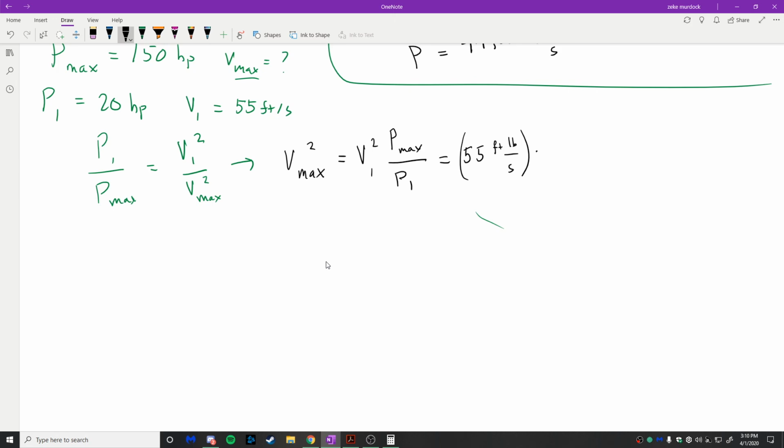We're multiplying this by P max, which is 150, and dividing this by 20. This one is still squared right here. So our answer is going to be V max is going to be the square root of whatever all that stuff is.